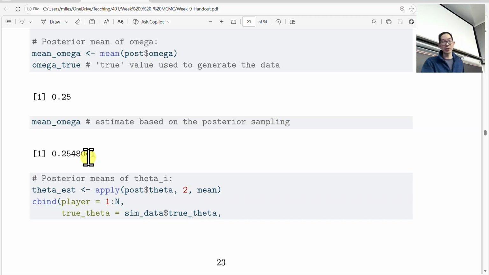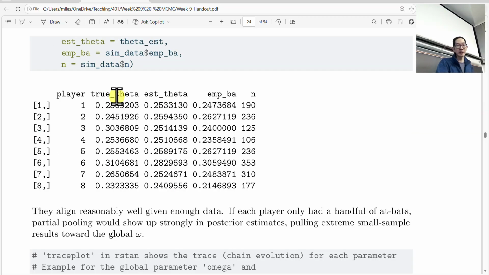I can just take our columns and we can say the true theta were these different values. This is the value that was estimated, and this was our empirical batting average. And remember, some players' empirical batting average is higher than their true values, and some is lower. And so everything kind of gets balanced out.